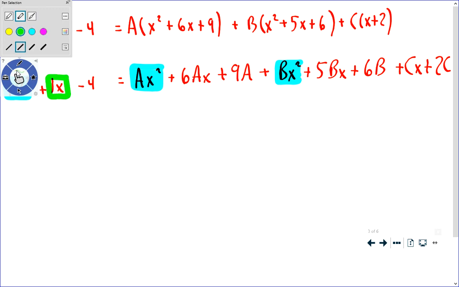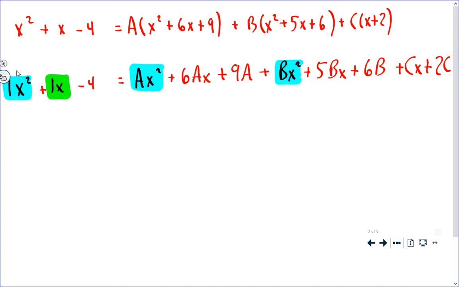So the linear term on the left-hand side is 1x, and the linear terms on the right-hand side are 6ax, 5bx, and cx, which means that 1x has to be equal to 6ax plus 5bx plus cx, and I'm going to come back to that in a bit.